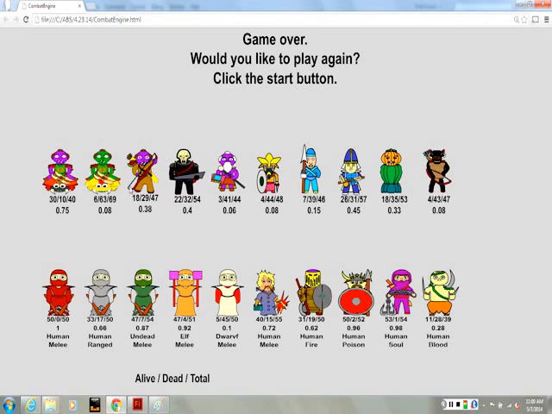For example, I've got an elf melee fighter over here, so I'm trying to test out how strong an elf melee character is, dwarf melee, a human that casts poison, a human that casts soul magic, a human that casts blood, etc. Let me just show you here, it says alive, dead, total.